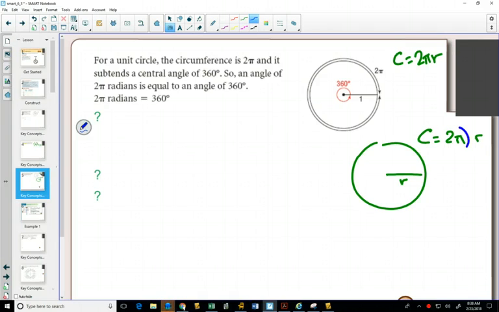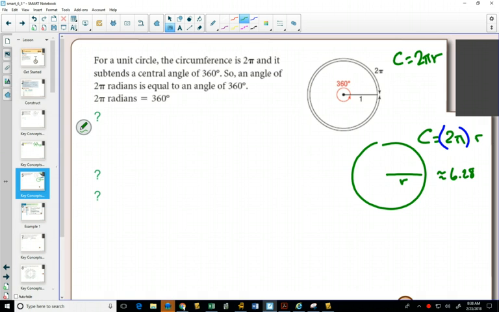I'm going to put that 2 pi in brackets because what that formula is actually telling us is how many radiuses fit around the perimeter of the circle. You need 2 pi of them, which is approximately 6 and a bit, 6.28. And so if we need 6.28 radiuses, or 2 pi radiuses, to go around the circle, that means that in one full circle, there's 2 pi radians.